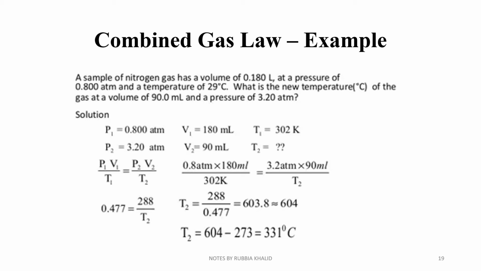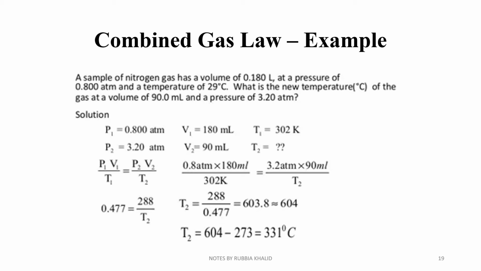We are given pressure 1, which is 0.8 atm, pressure 2, which is 3.20 atm, V1, which is 180 ml, V2, which is 90 ml, and T1, which is 302 Kelvin. We are going to solve for temperature 2.